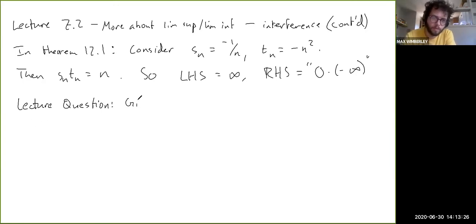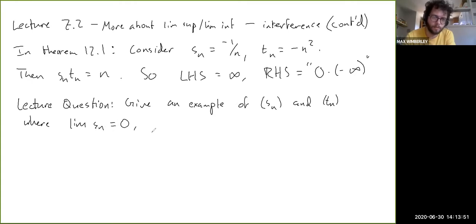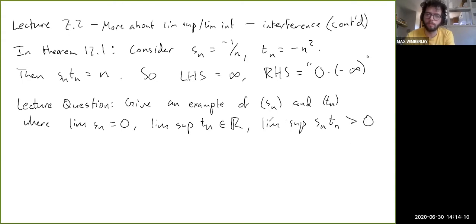So give examples, or give an example, of Sn and Tn where the limit of Sn is 0, the lim sup of Tn is a finite number, and the lim sup of Sn Tn is strictly greater than 0, so positive.